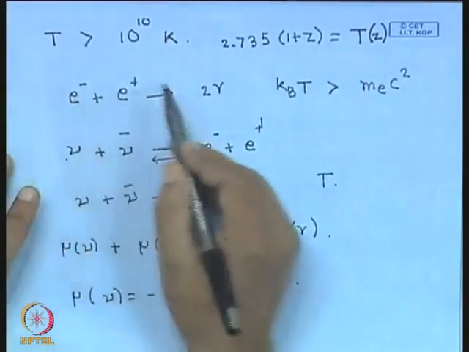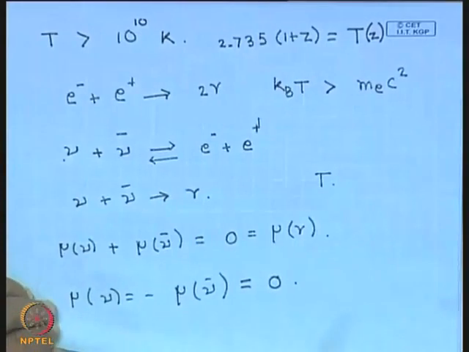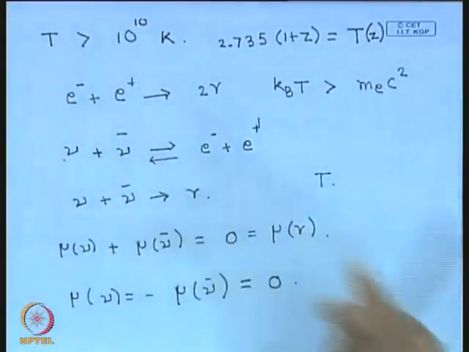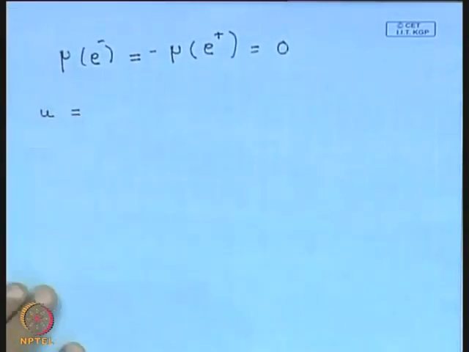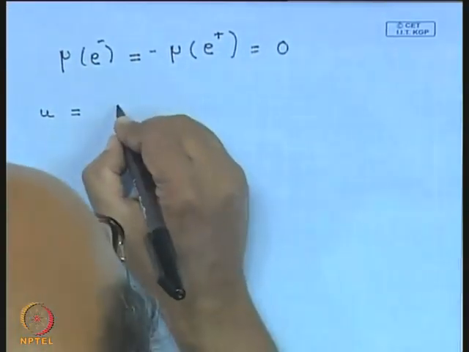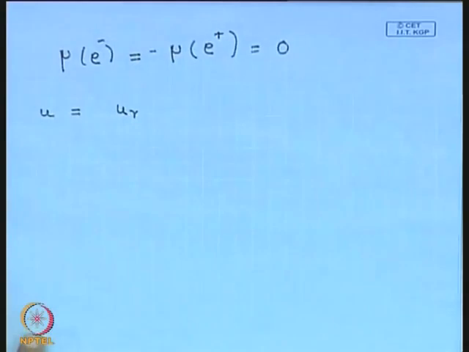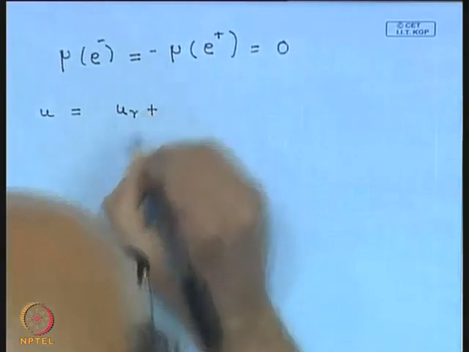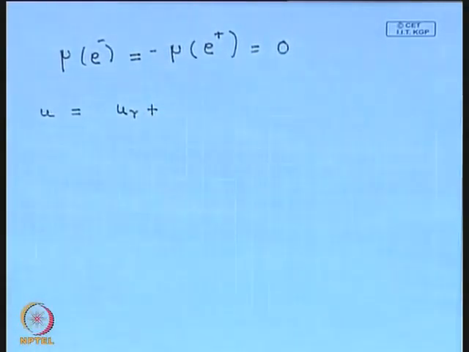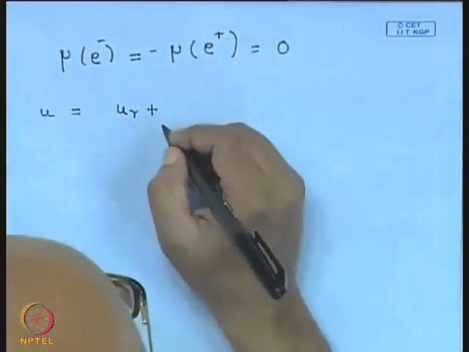At these epochs, the total energy content of the universe, the volume density of energy, will have one contribution from the photons, u gamma, plus one contribution from the electrons.